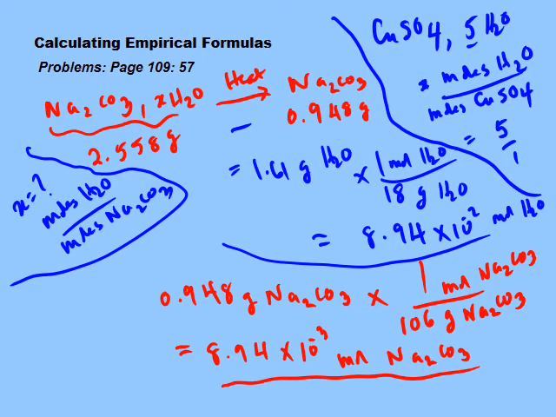I have the number of moles of H2O in that compound, and also the number of moles of sodium carbonate. So in order to get X, let's now do the calculation for X. X would be given by moles of water on the top, 8.94 times 10 to the negative 2, and on the bottom moles of sodium carbonate, 8.94 times 10 to the negative 3, and that's 10.